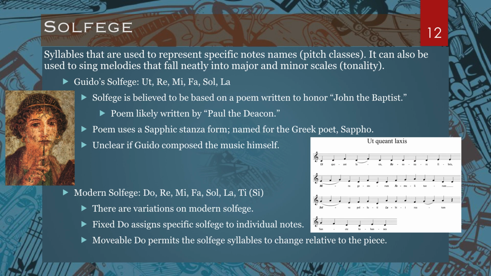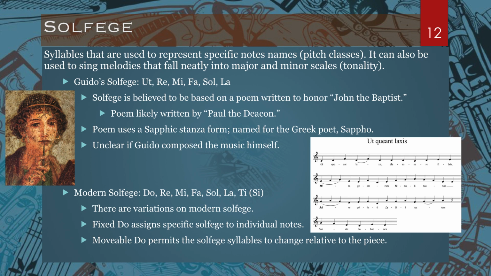And then we have one more after La called Ti. It's not that he didn't understand that there was a Ti in the system. They just didn't really use that syllable in his time period. That note was considered to be highly dissonant and problematic, so it often wasn't used.